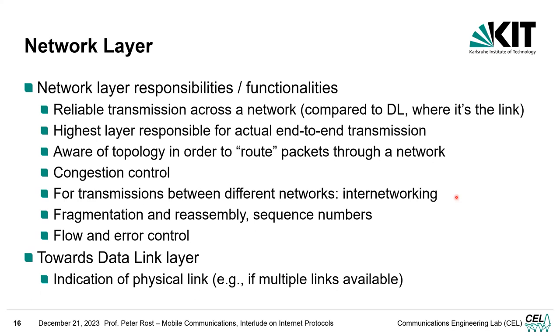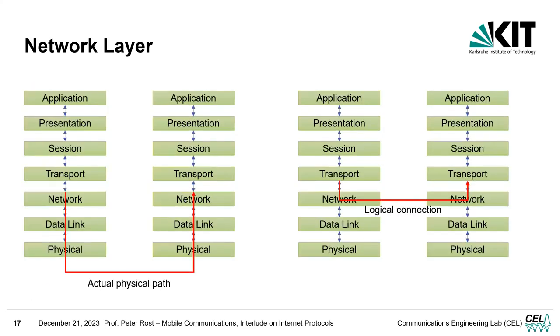So how does this look again on the ISO-OSI model? Pretty much as before, you would get some PDU from the transport layer provided to the network layer, which establishes its own logical connection, and then you pass the data through the different layers. And again, the network layer itself is transparent to the data link layer and physical layer that is used underneath.